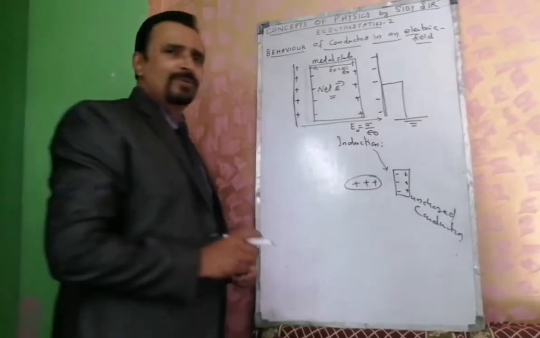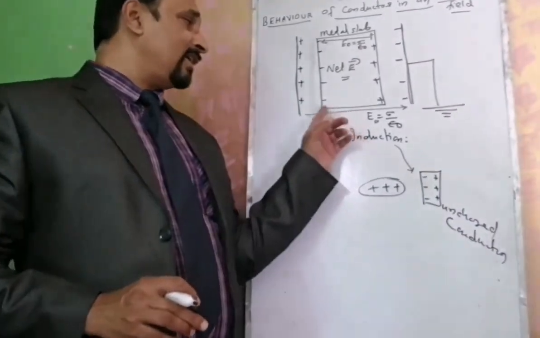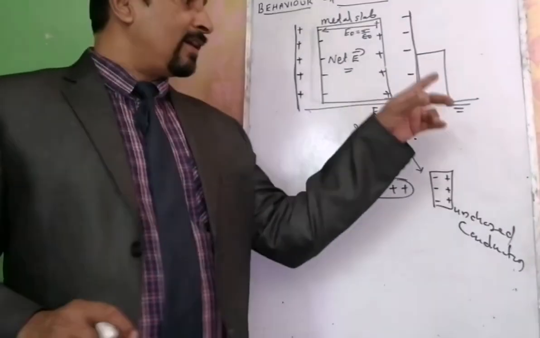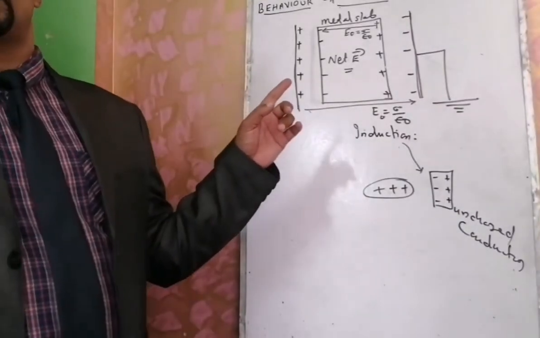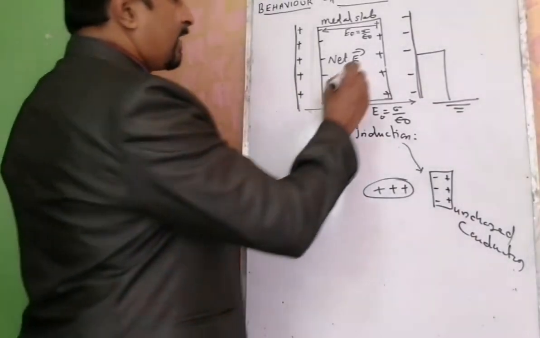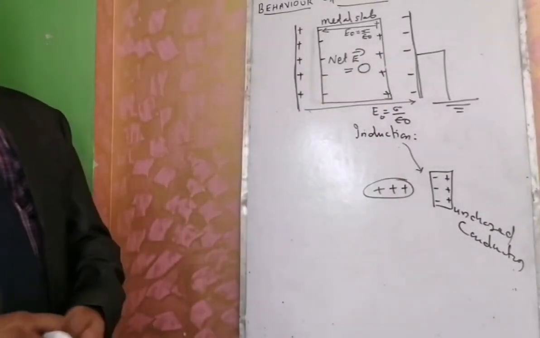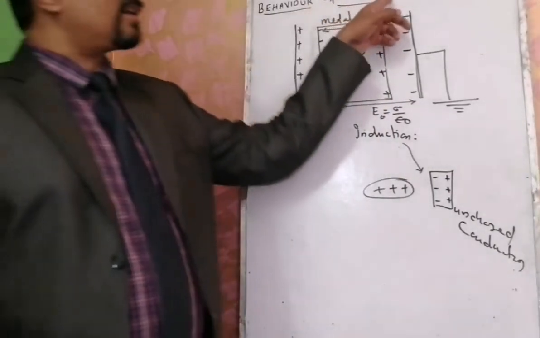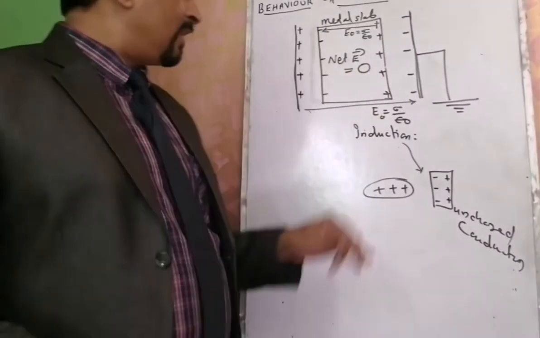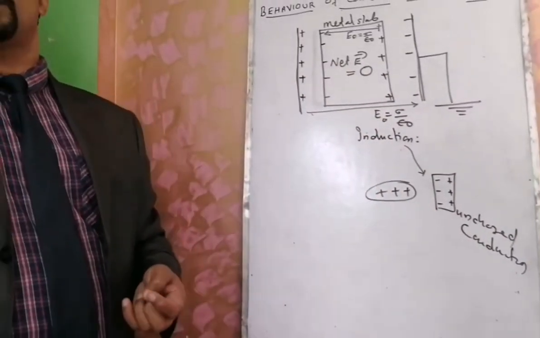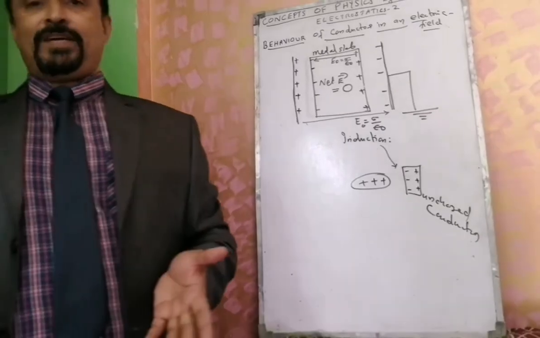Can you tell the answer now? Inside the conductor there is a field towards the right and the same electric field towards the left. So the net electric field inside the conductor is 0. What is your conclusion? If a conductor is placed in an electric field, how much electric field is there inside the conductor? It is 0.